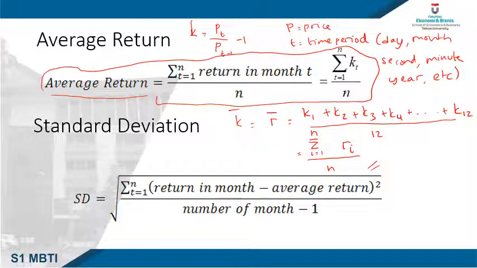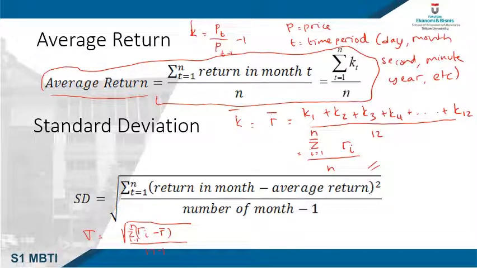Right. Now, what about the risk, the standard deviation? The standard deviation also comes from, again, this average formula. So the standard deviation here, or sigma over here, is Ri minus R bar for all of the I, for all of the months, divided by the number of months minus 1.